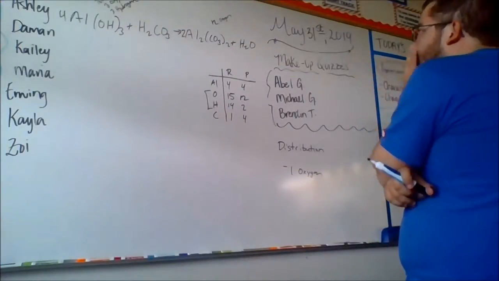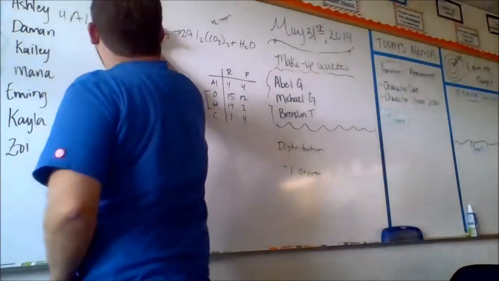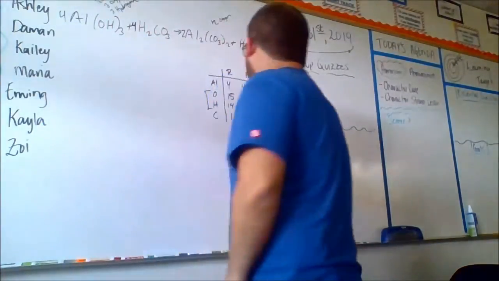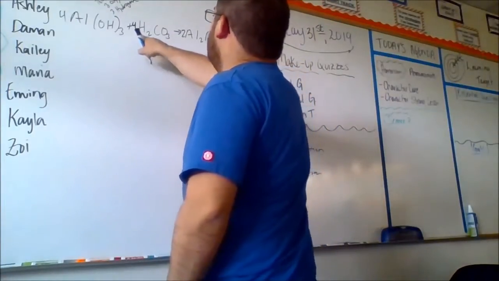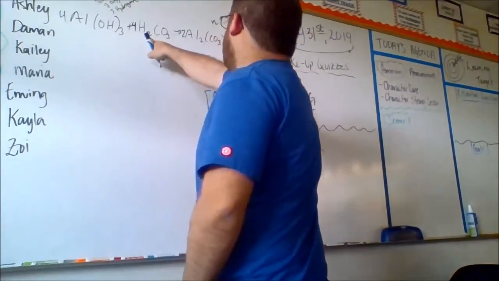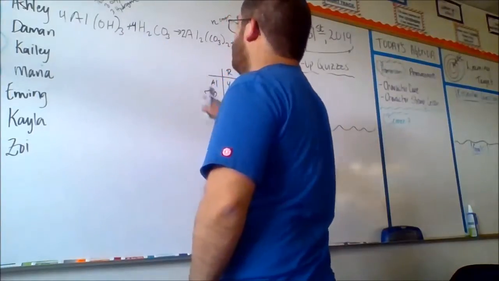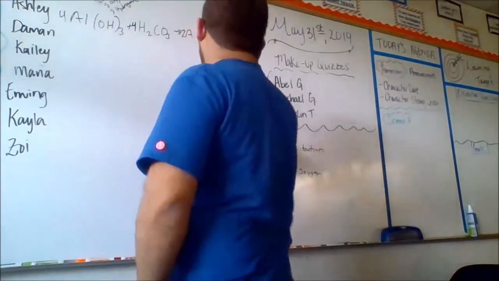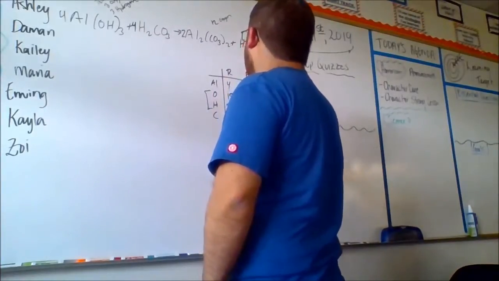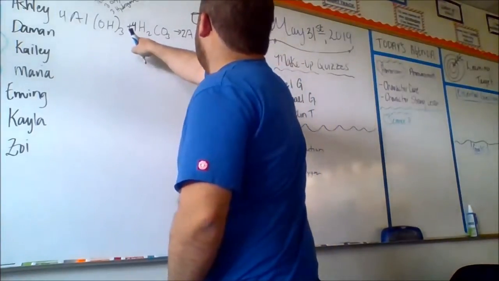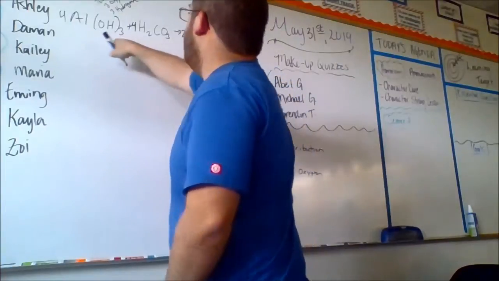So let's balance carbon. So if we put a 4 here, it'll become a 4. 4 times 2, that's 8 hydrogens. So we have 8 there plus 12 there. This becomes 20. We also have 12 there and 12 there.